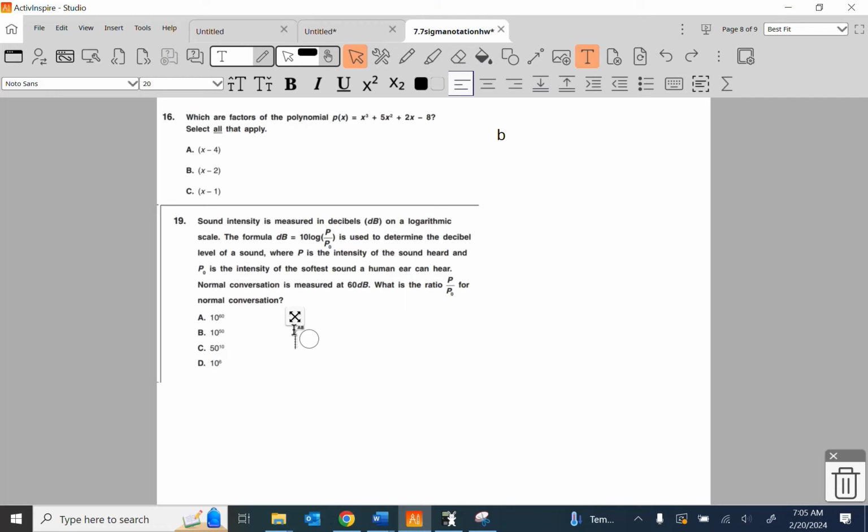No, I didn't. It's 60 equals 10 log P over P0. I'm going to divide out the 10. 60 equals log of P over P0.